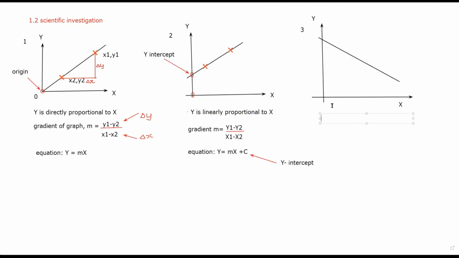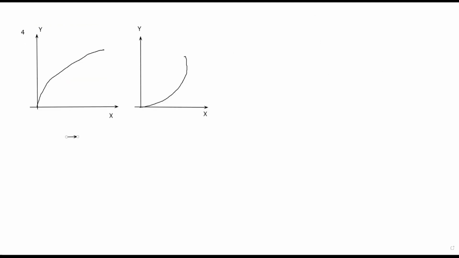Now, this kind of graph, we are going to call y is increasing linearly with x. This kind of graph, because it is not a straight line, I cannot say directly or linearly. So I say y is increasing with x when x increases.